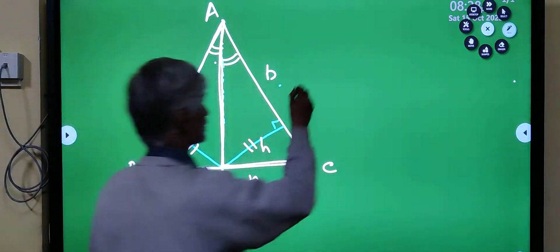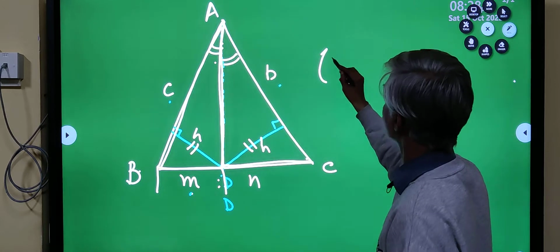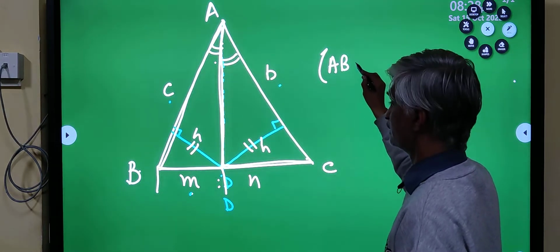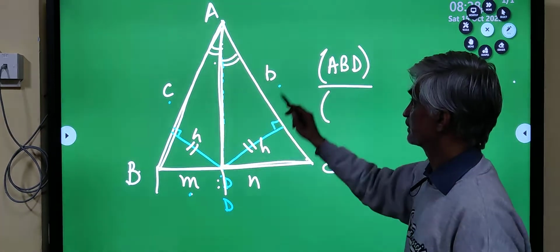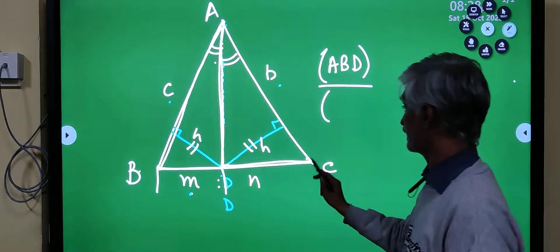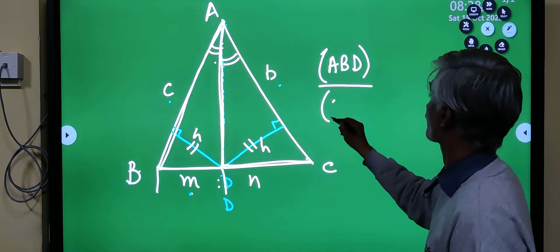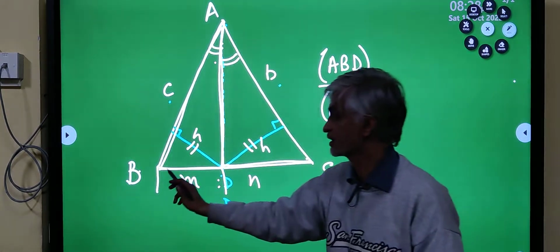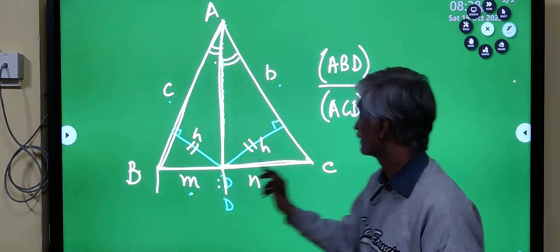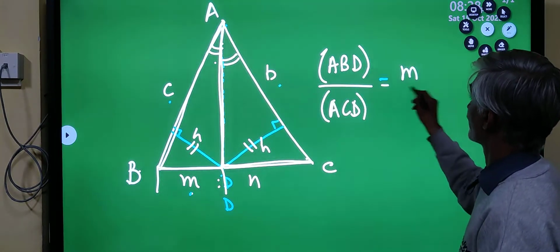Okay, so let me write that down. The ratio of the triangle ABD divided by the triangle ACD by the method of areas that we just discussed is equal to m divided by n.